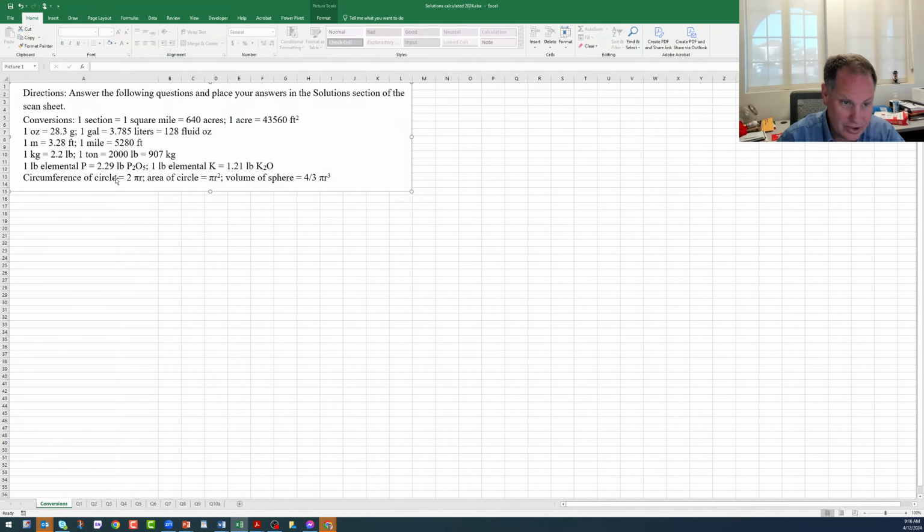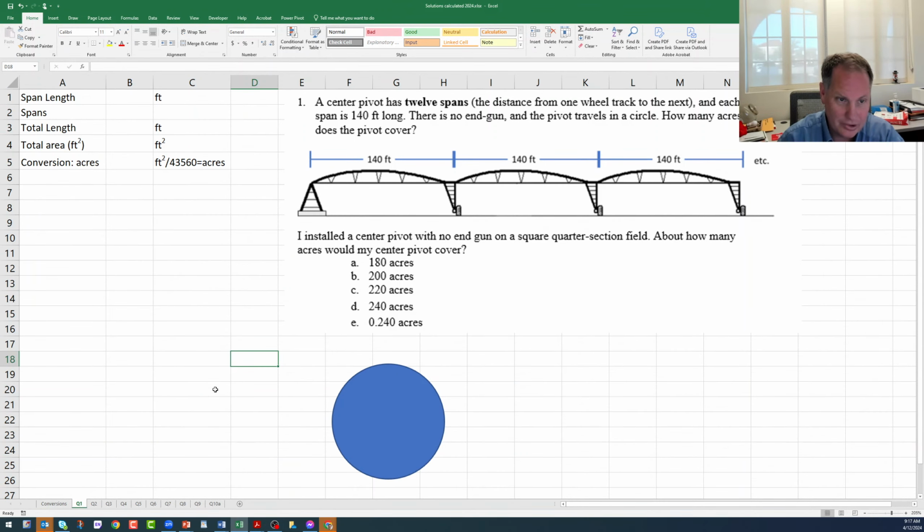On the conversions here, I see that the area of a circle is pi r squared. So in the end, I'm going to need to do pi r squared at some point to get the area here. But let's start out and figure out what our radius is. Imagine this long pivot here. This pivot is not the diameter of the field, it's going to be the radius of the field.